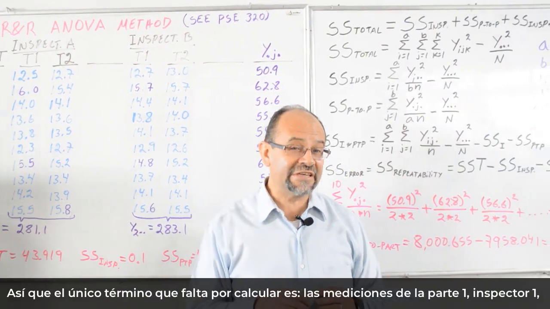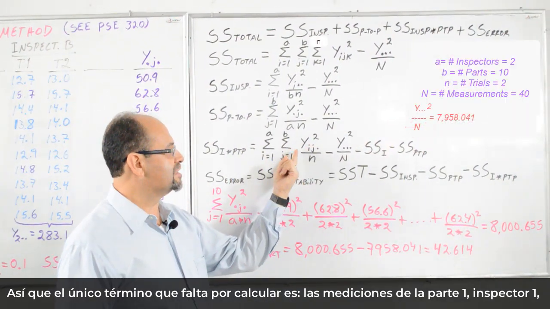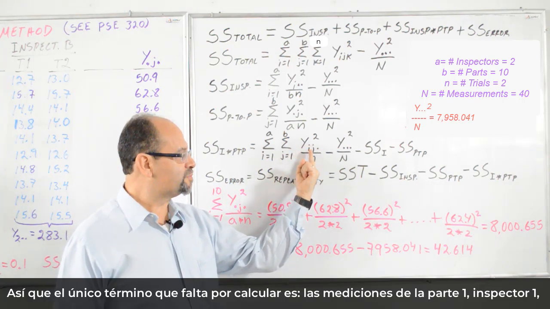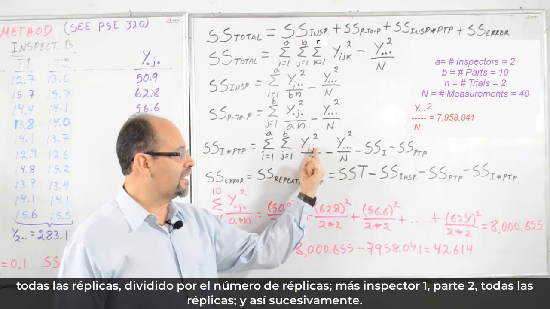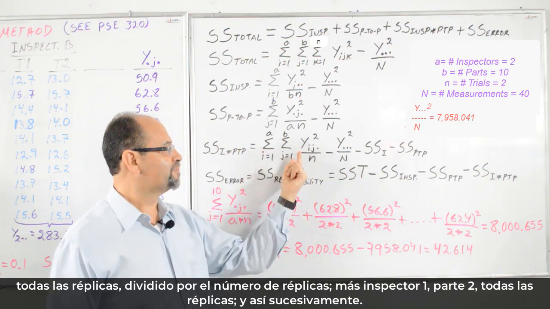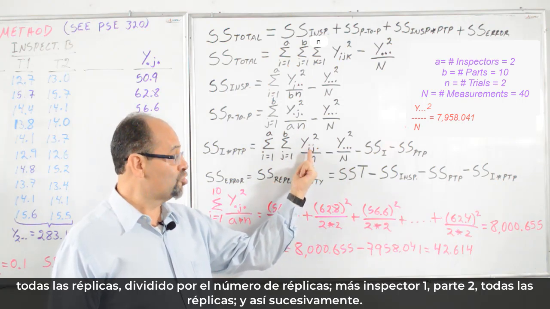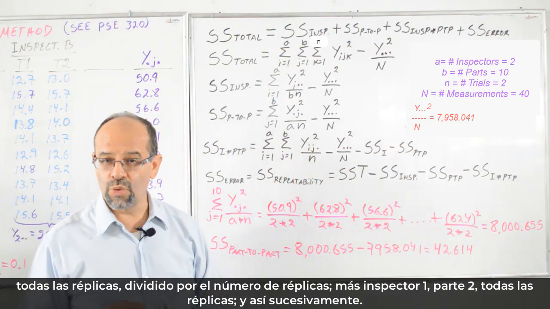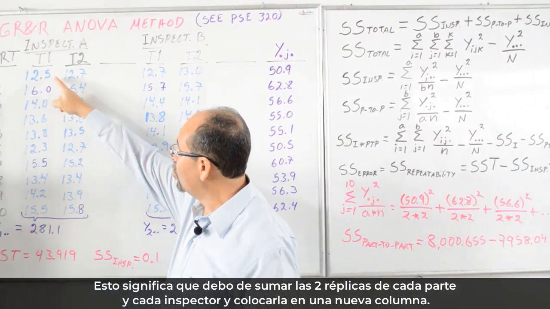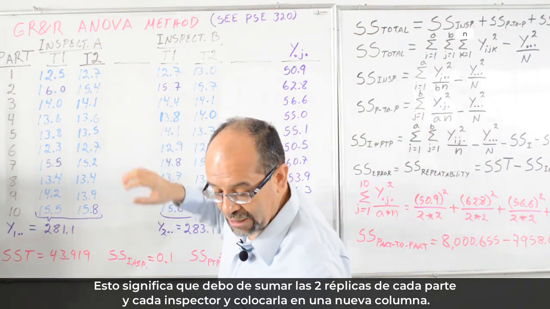Then the only missing term that we have to calculate is the measurements of part 1, inspector 1, all the trials, divided by number of trials, plus inspector 1, part 2, all the trials, and so on. That means that now I have to do the sum of these two values and put them here.